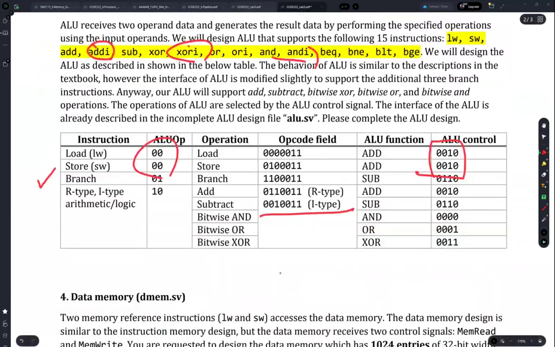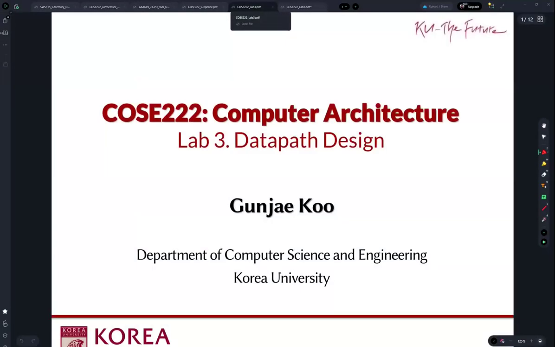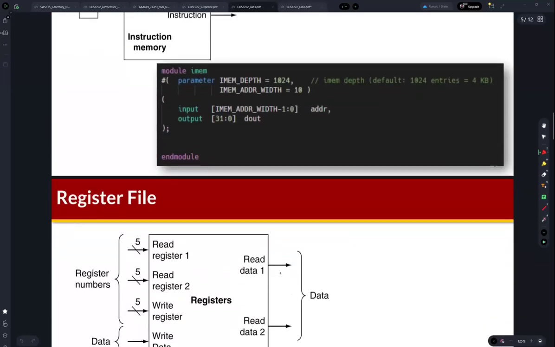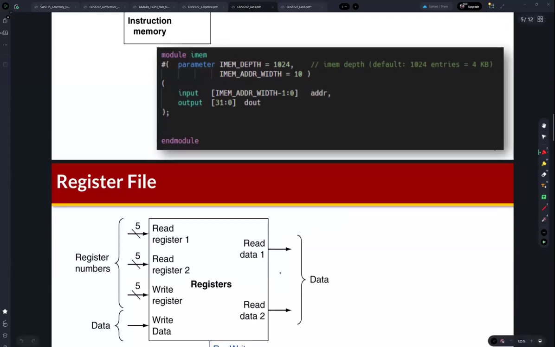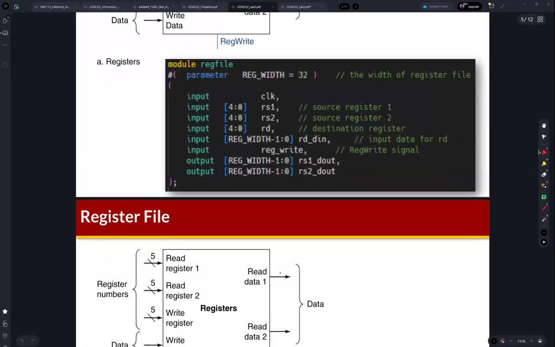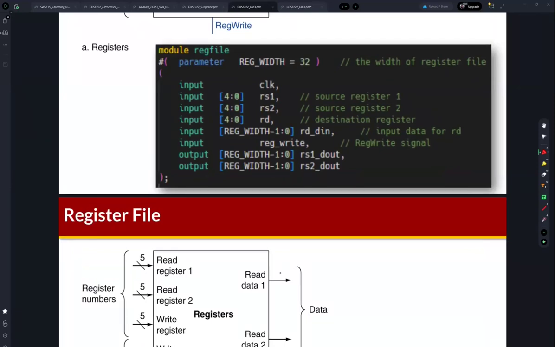So in this lab, I kindly provide the skeleton code, and you can just complete the inside of this Verilog module. Also, I provide the test bench file.